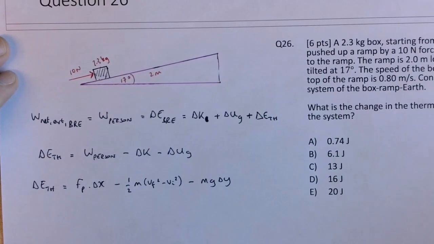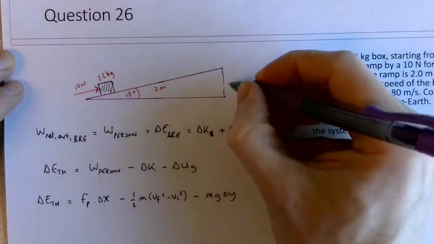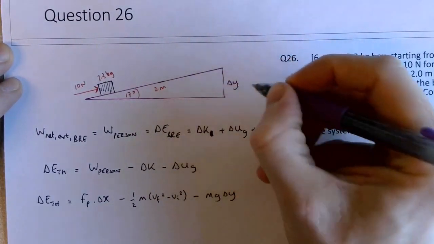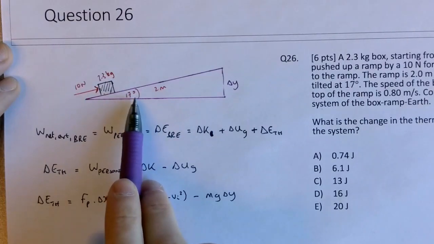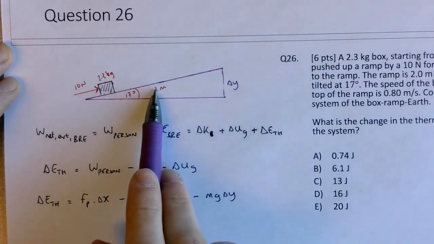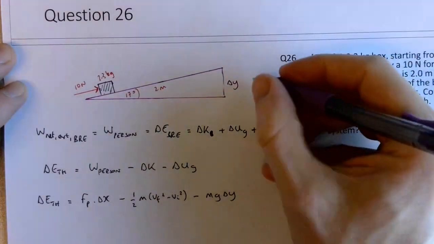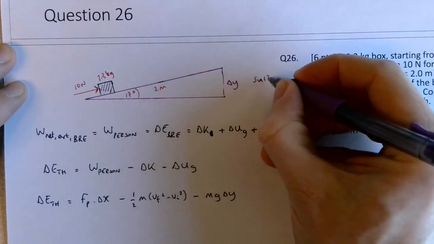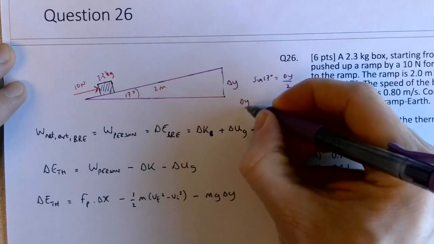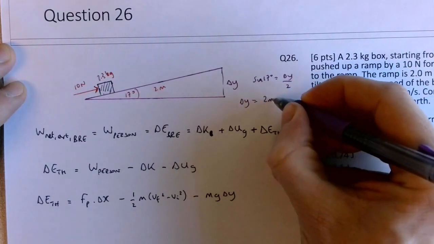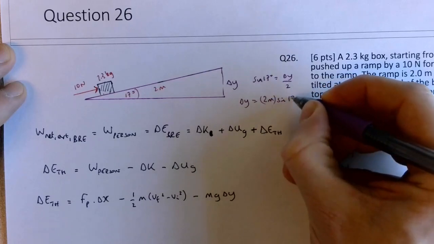So you can go back to the picture here. This will be the delta y, and we can see that the sine of 17 degrees will be equal to the opposite over the hypotenuse. So sine of 17 degrees equals delta y over 2. So delta y will be equal to 2 meters times the sine of 17 degrees.